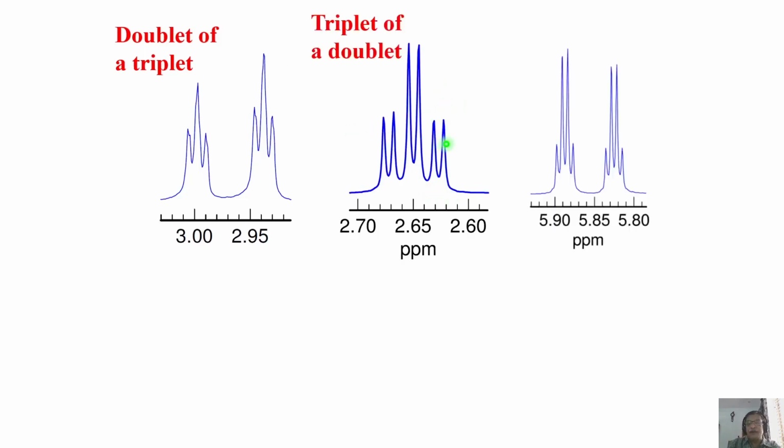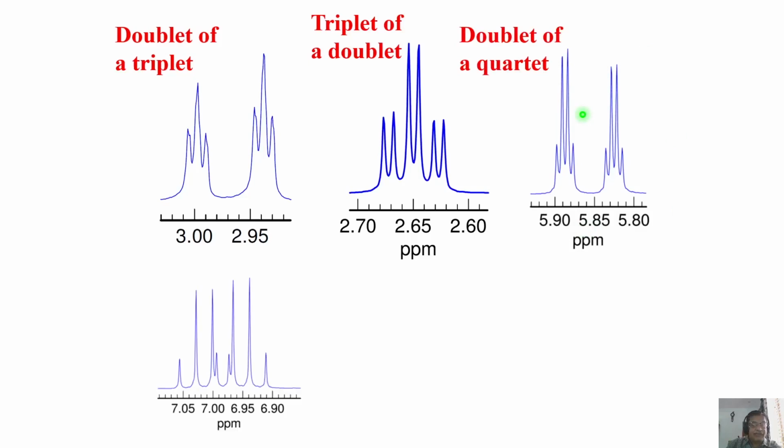Okay. What about this one? Large coupling is a doublet, and each line of the doublet is a quartet. It is called a doublet of quartets. What about this one? Look complex? Don't worry. Now 1, 3, 3, 1. This is one quartet.